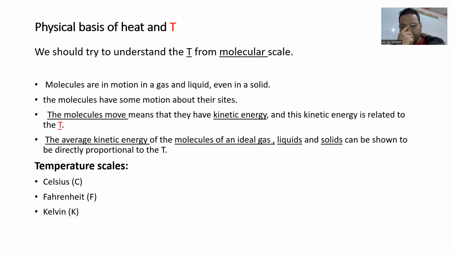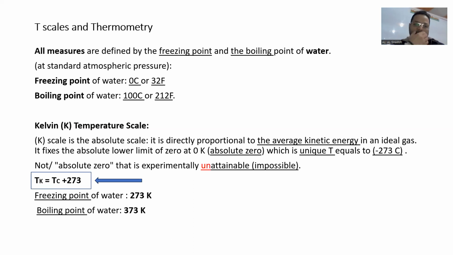Now let's talk about temperature scales. Like we know, the most famous ones are Celsius and Fahrenheit. The last one is Kelvin. We will know the function of all of them. After that, we will learn how we can convert one to another. All scales are defined by the freezing point of water and the boiling point of water.